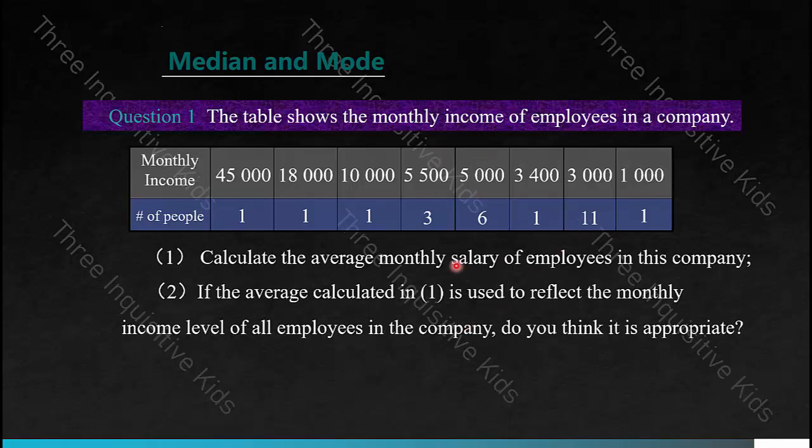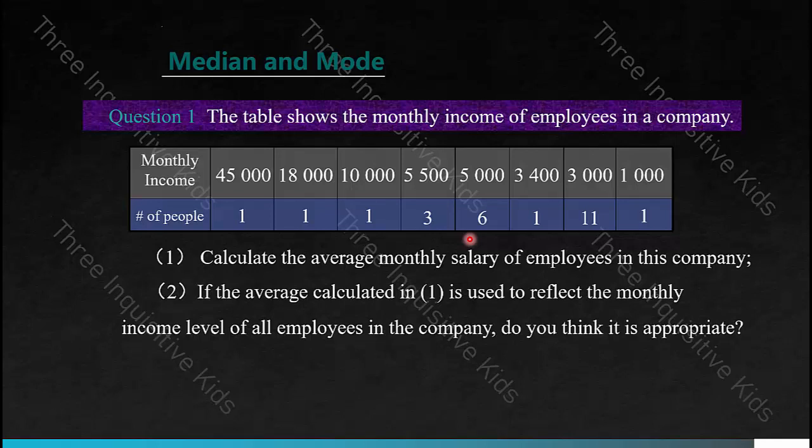So this is talking about the different monthly income values of employees in a company. Our first question is to calculate the average monthly salary of employees in this company. And 2, if the average calculated in 1 is used to reflect the monthly income level of all employees in the company, do you think it would be appropriate?